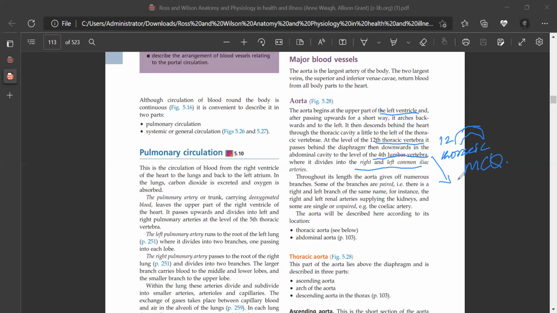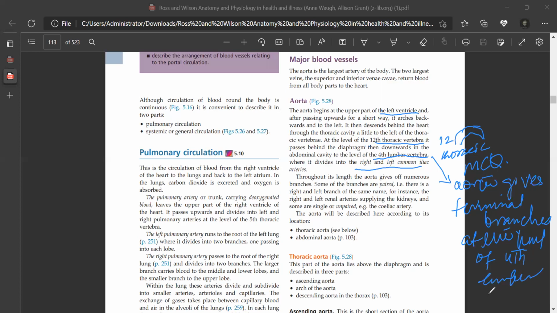Again, an MCQ can be asked that the aorta gives its terminal branches at the level of the fourth lumbar vertebra.